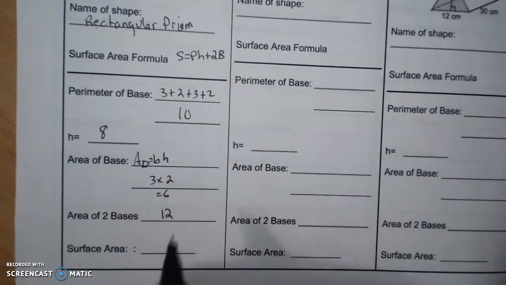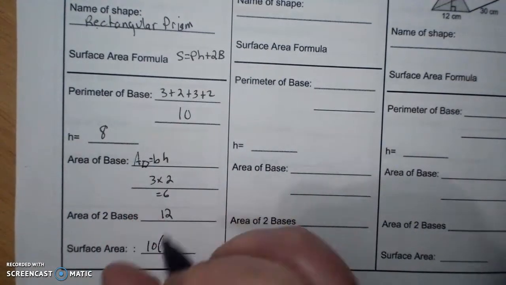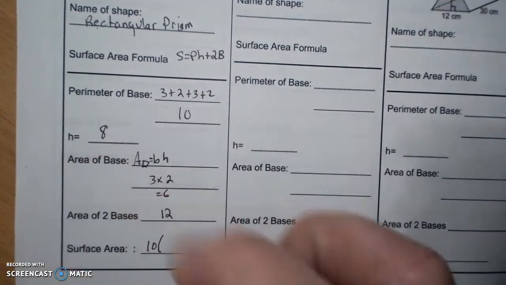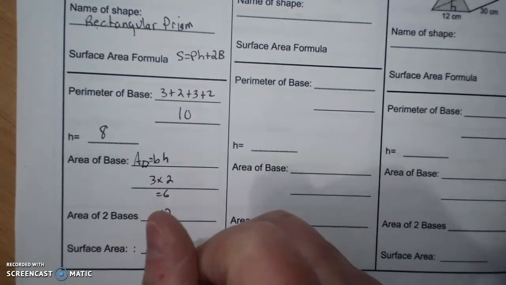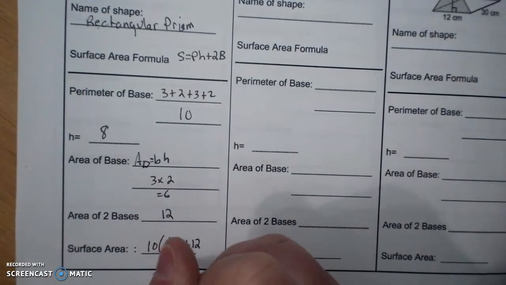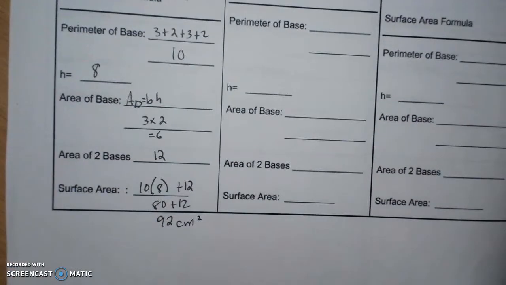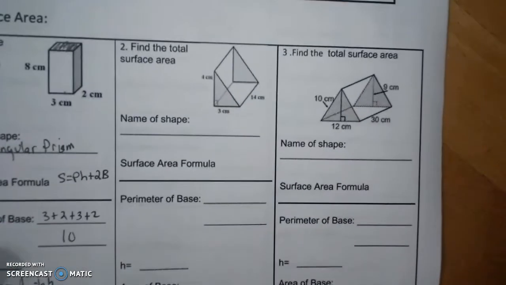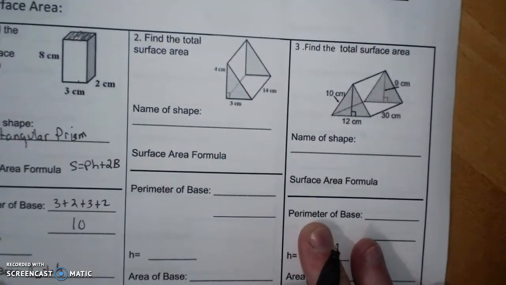Surface area is my P, which is 10, times my H, which is 8, plus 2b, which is 12. That's 80 plus 12, which is 92 centimeters squared, because I'm dealing with area. Okay, that's how you do a rectangular prism.